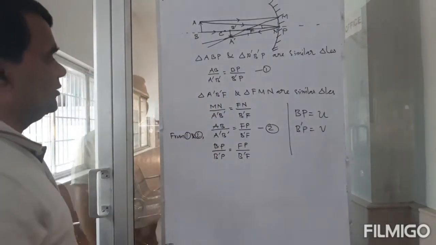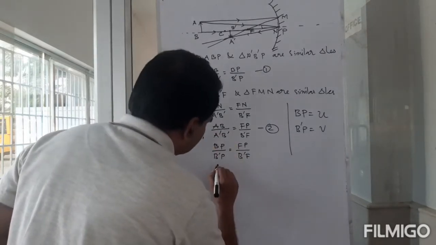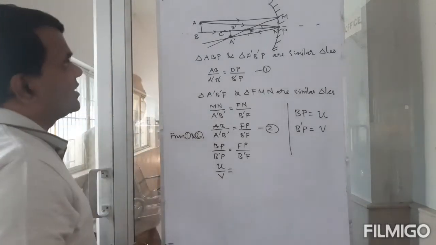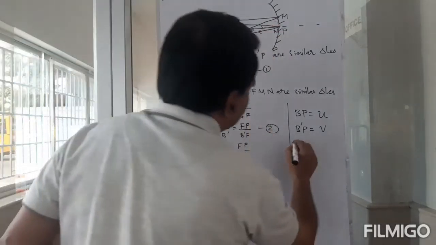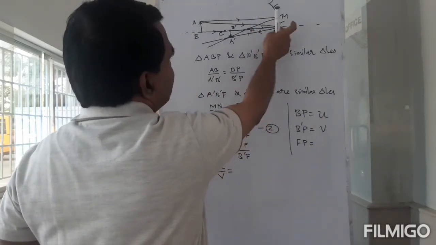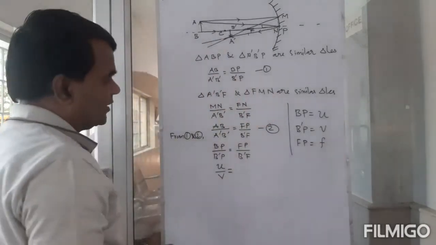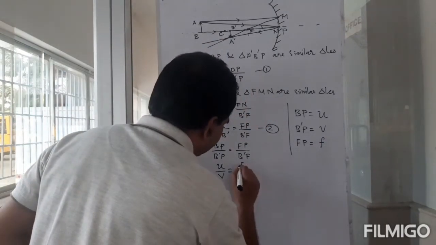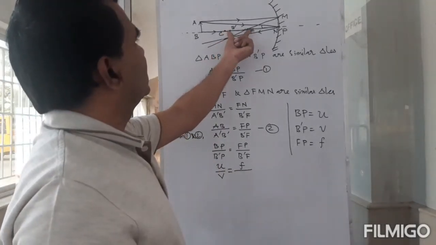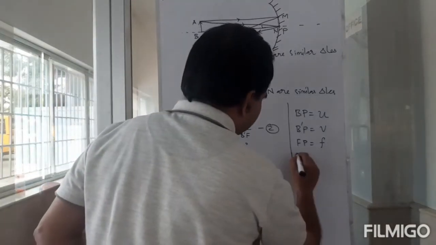So if I do this here, BP by B dash P is U by V, which is equal to, what is FP? FP is the focal length. The focal point from the pole, it is the focal length F. So it's going to be F divided by FB dash.